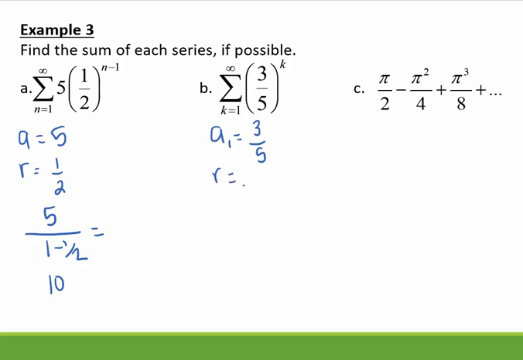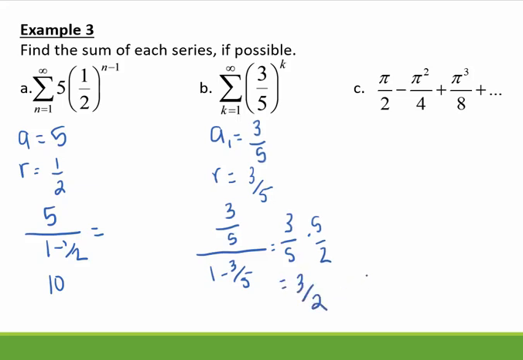My ratio is also 3/5. So I have 3/5 over 1 minus 3/5. So I have 3/5 times 5/2. This is going to simplify to 3/2.